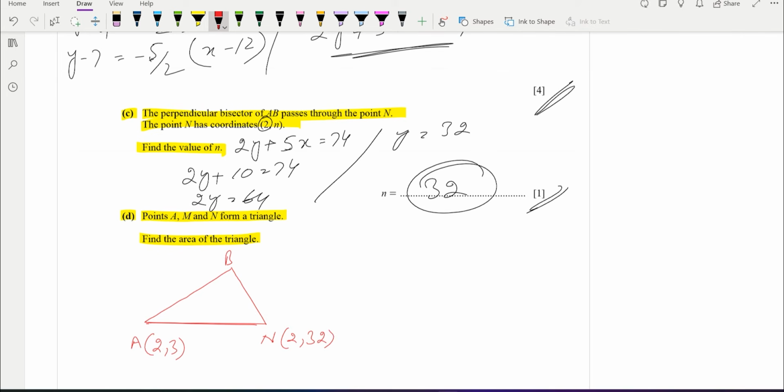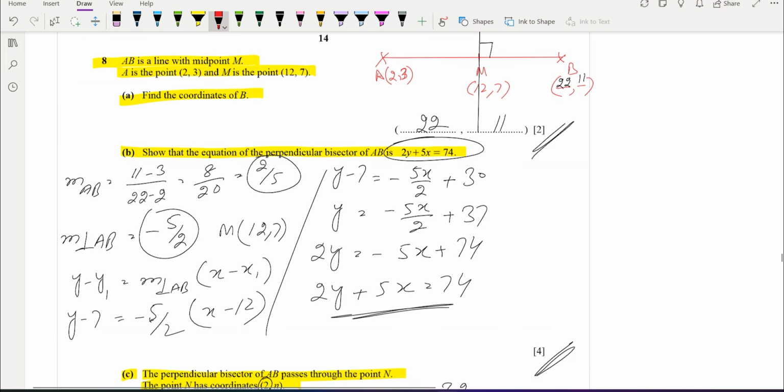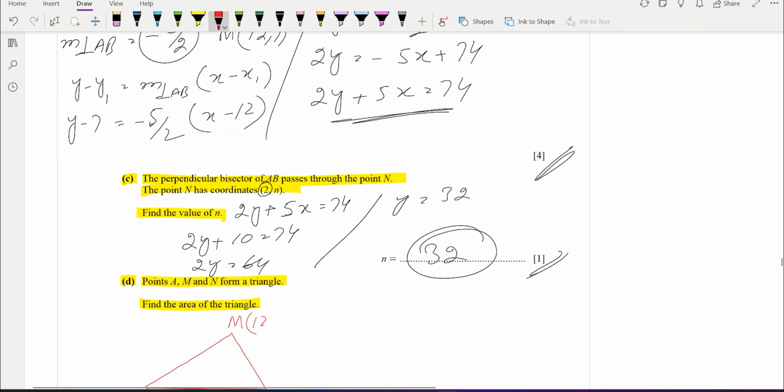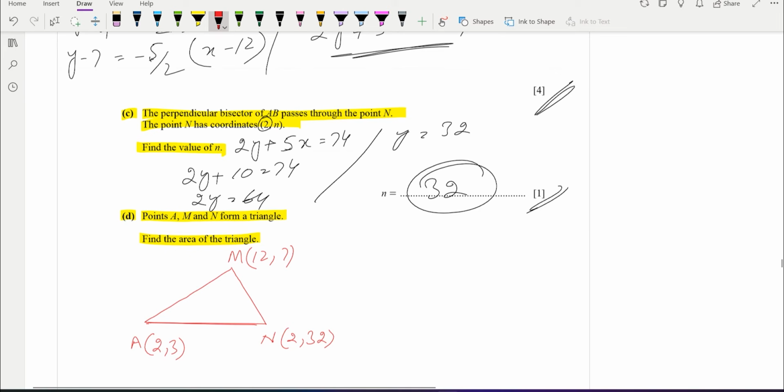And this is M, not B, with coordinates (12, 7). So we can figure out the perpendicular height, and the perpendicular height will be this one.